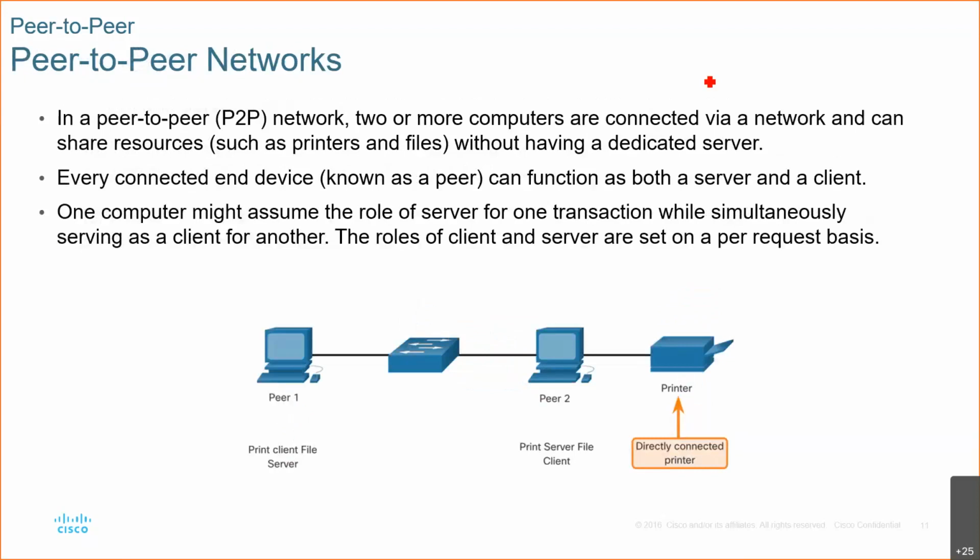Every device can function as a server or as a client. A computer can be a server for one transaction and a client for another. You have built so many peer-to-peer networks inside your packet tracer this semester. I mean, you've become experts by now.